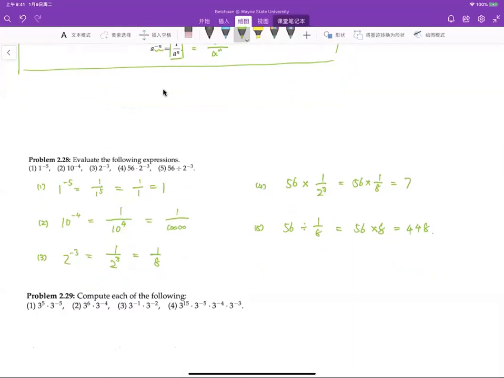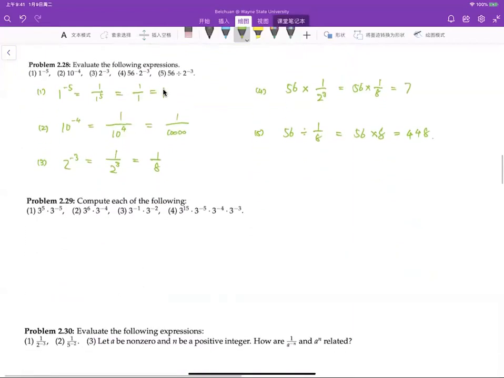All right, so actually in this case, you guys can always calculate the product by yourself, right? So the point is how to transform the negative exponents into what you know, right? So like how to transform the division of 56 by 1/8 and the 2 to the negative 3 into 56 times 8, right?